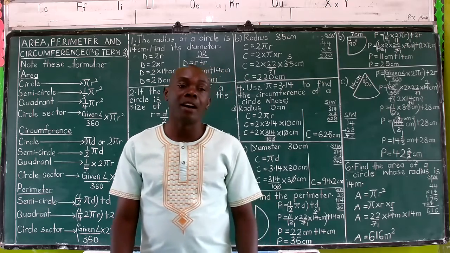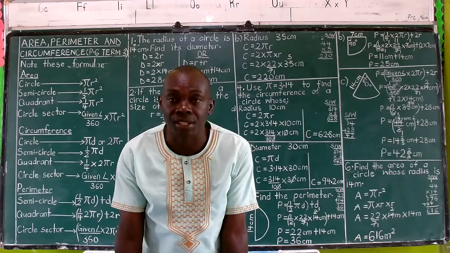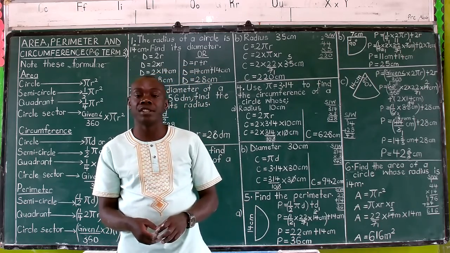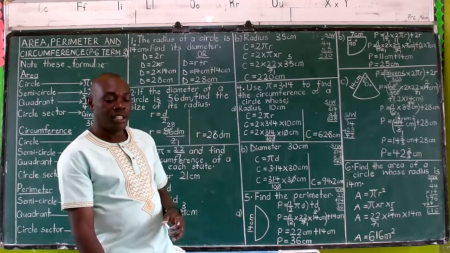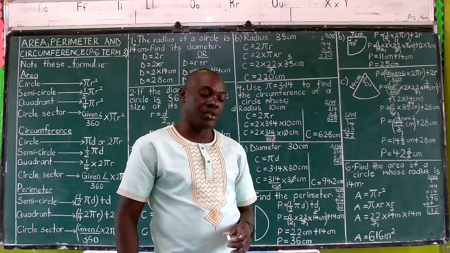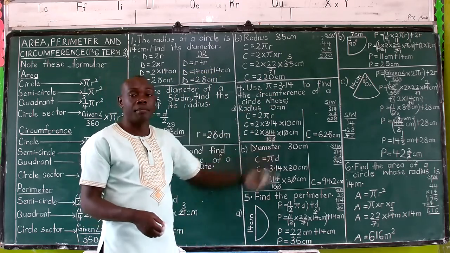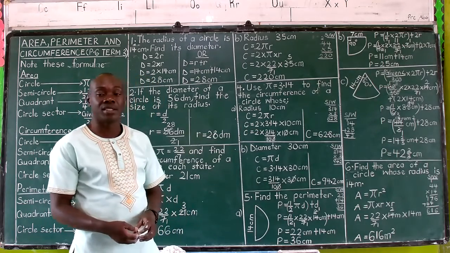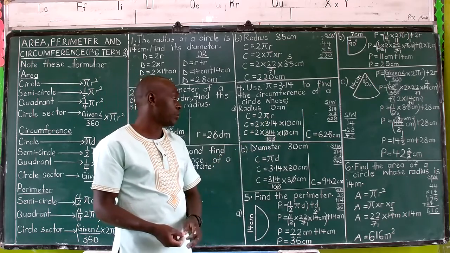So for multiples of 7, that is diameter or radius, the choice must be 22 out of 7 for easy division by 7. Then for non-multiples of 7, if you are asked to choose your pi, the choice must ever be 3.14. Like you see here, the radius is 10 centimeters. 10 is never a multiple of 7, so we will still choose 3.14.